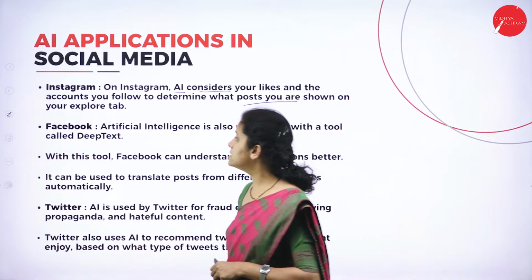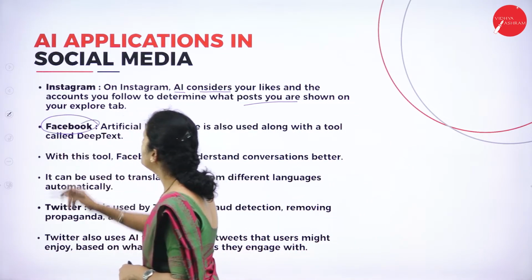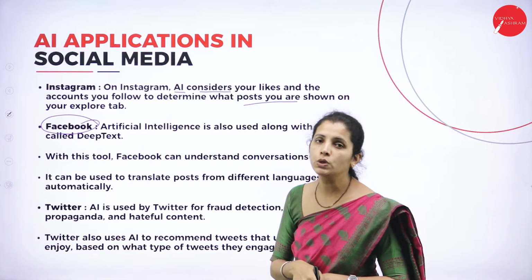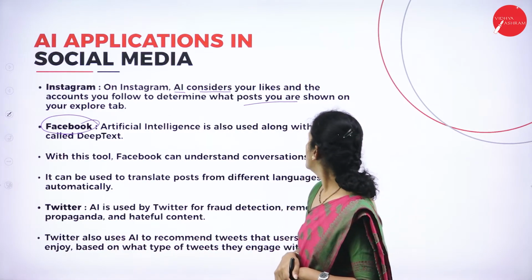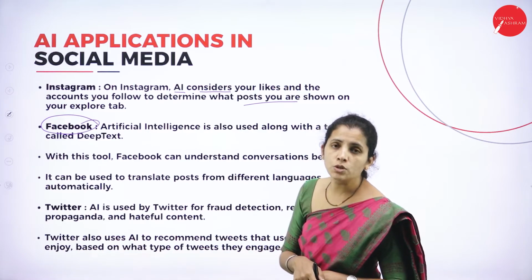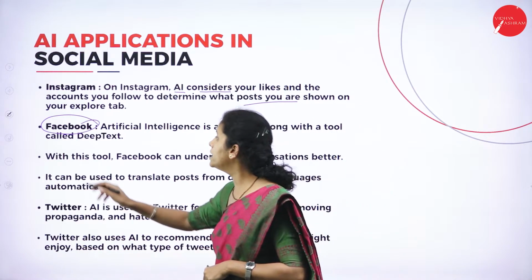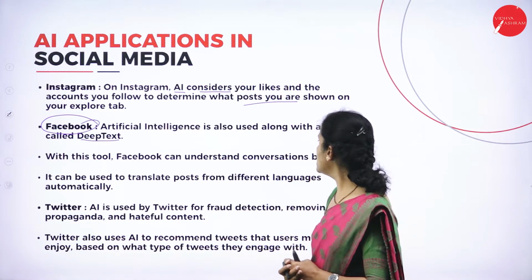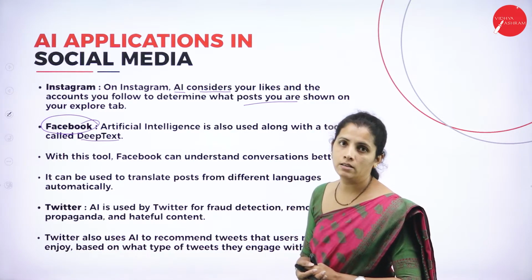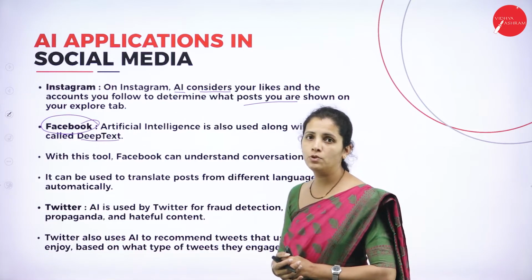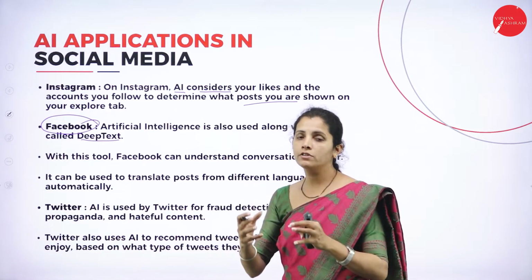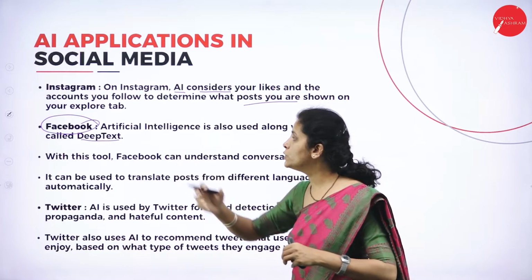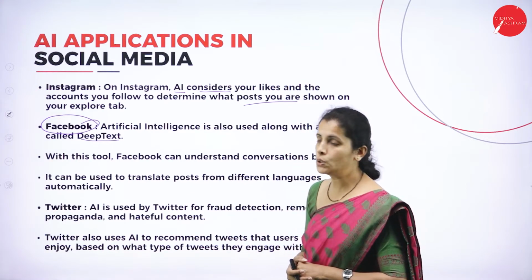Now, if I consider Facebook, in Facebook also we use AI, and it is used with a tool called DeepText. It is mainly used to understand conversation better. That means in Facebook, to understand conversation better, we use the DeepText tool.